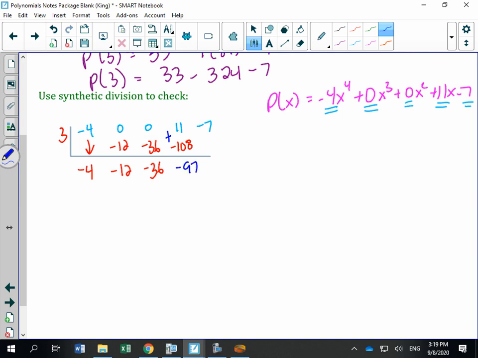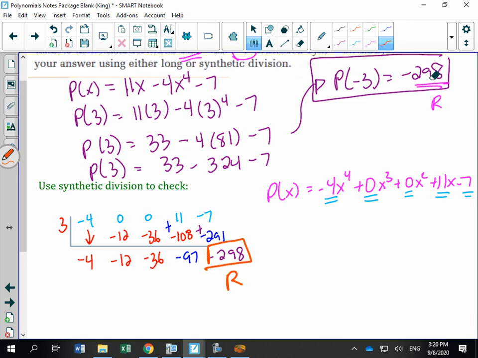Negative 97 times 3 gives you negative 291. If you add these two, negative 7 plus negative 291, you get negative 298. And there is that remainder, right? So negative 298, negative 298.